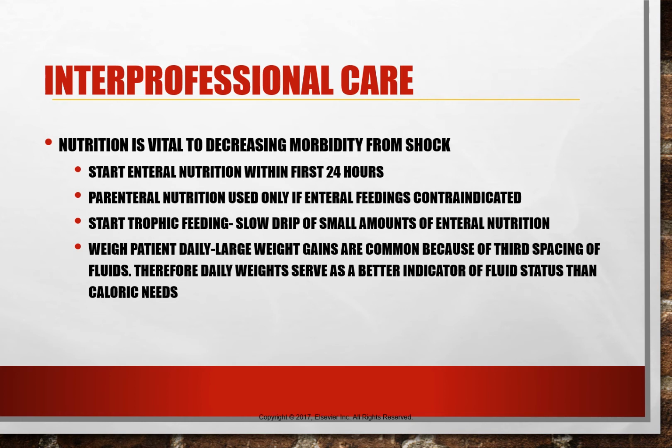So physicians will often write a goal of 50, and this is advised to them by dietitians and nutritionists. This isn't a number that they just come up with. It's all figured out to see what type of feeding solution is required, and then the amount per hour that the patient requires.